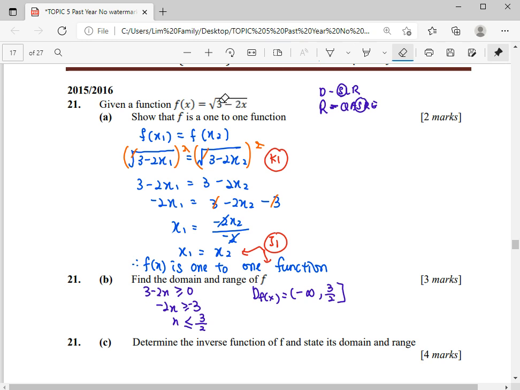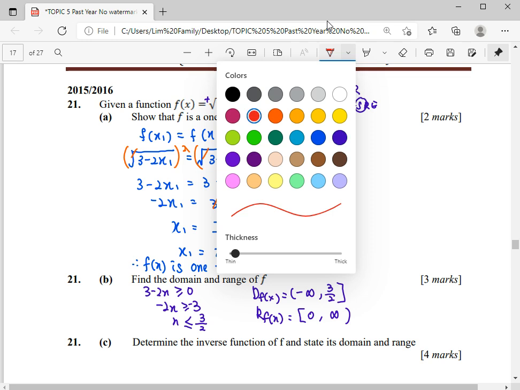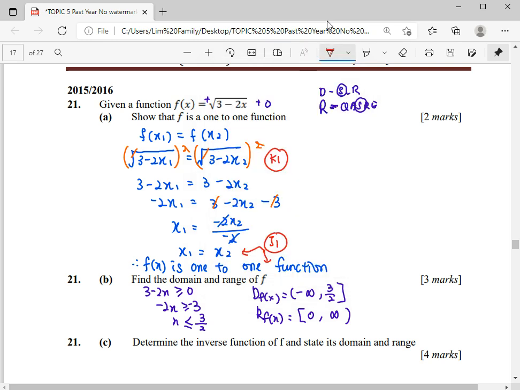When I close this characteristic of the surd function, I notice that the outside value is 0, and the function is positive. So the range of this function is 0 to infinity. The value we read outside is our 0, and going to positive infinity. So this is our domain and range. This calculation will bring you 1 mark.